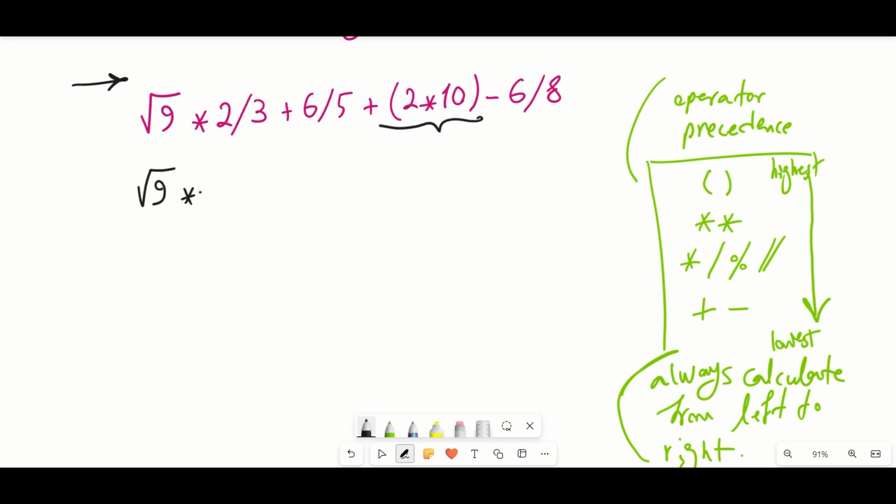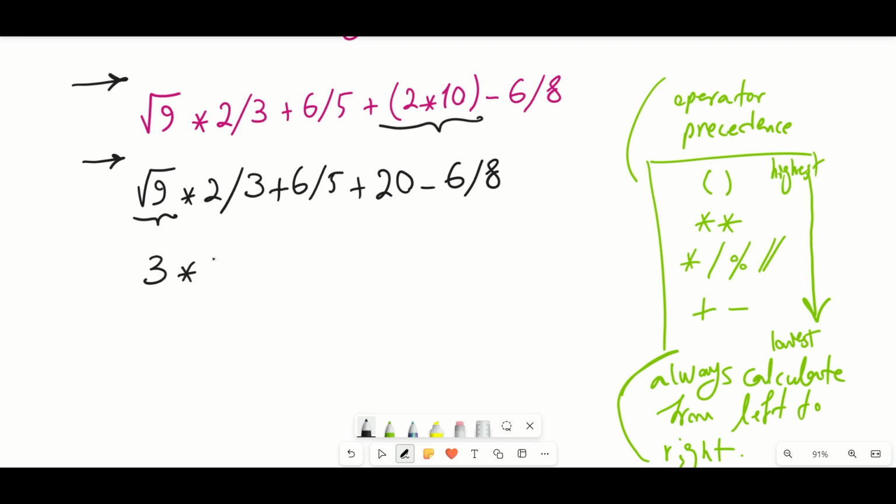Square root of 9 times 2 divided by 3 plus 6 divided by 5 plus 20 minus 6 divided by 8. Again, from left to right, we have the square root, which is 9 to the power 0.5. So you can calculate this one.